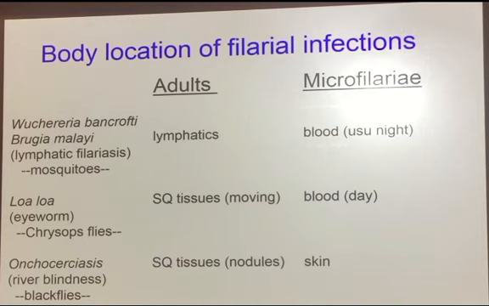And then there's Onchocerca. Onchocerca is transmitted by black flies. We have black flies in the United States. We do not have Onchocerca volvulus, the main pathogen of humans, onchocerciasis. Here, the adults also live in the subcutaneous tissues, but they don't move around. They nest in subcutaneous nodules.